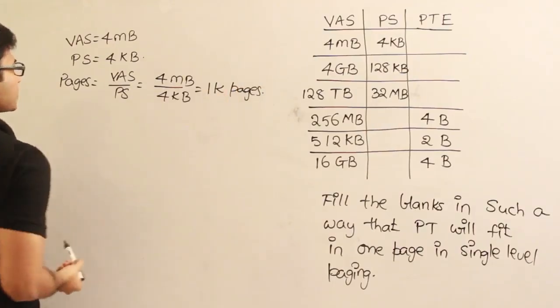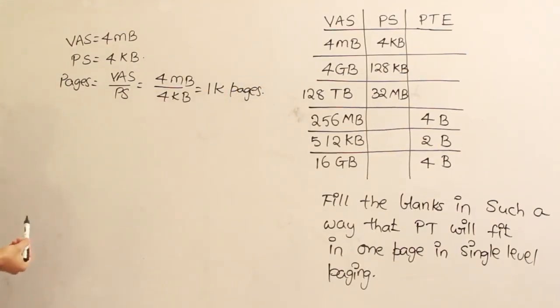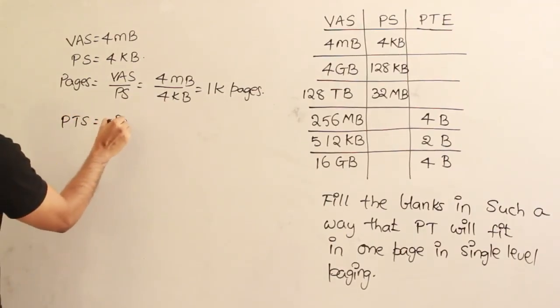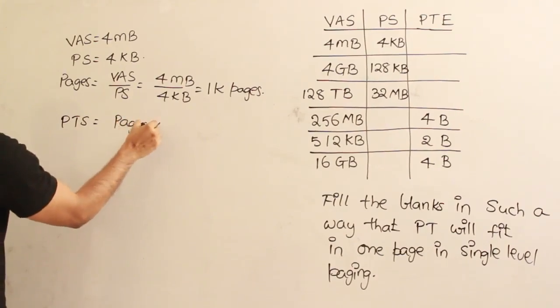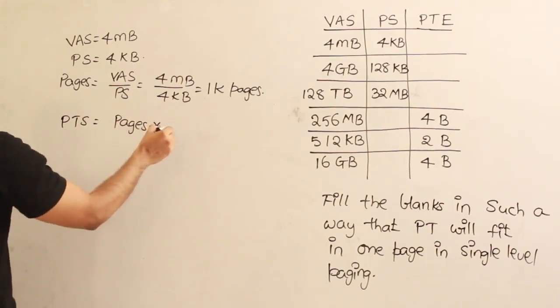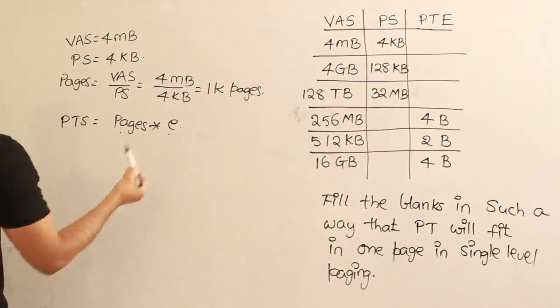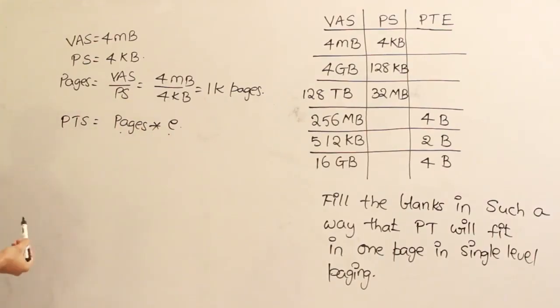If these many pages are there, then let us say page table entry size, I don't know, let me say it as E. Now the page table size is equal to the number of entries into the size of each entry, let me say E. So number of pages into size of each entry is the page table size. Now what is the page table size here?